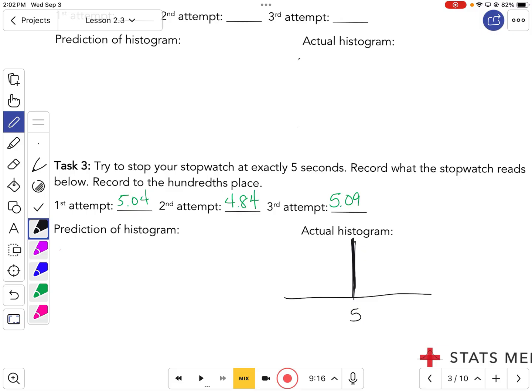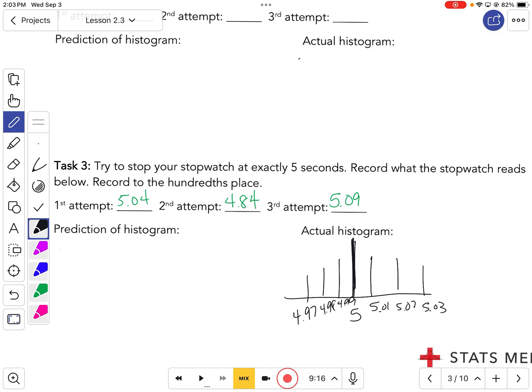But if we take everybody's data, some of the data is going to be a little bit less than 5, so this might be where our 4.97, 4.98, 4.99 are. And on the other side, we might have 5.01 or 5.02 and so on.